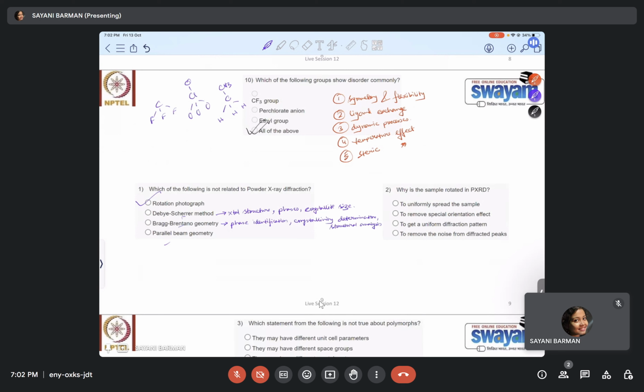Now, parallel beam geometry is for indexing, texture analysis, and high resolution powder diffraction.